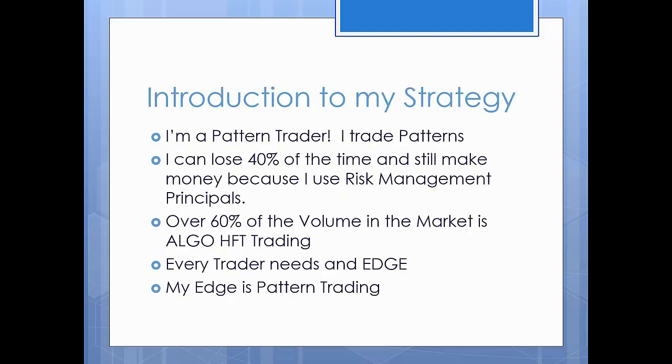So my strategy is pattern-based trading. Okay, I trade patterns. I've designed my entire strategy around patterns that I recognize as being very, very successful. Okay, and using pattern-based trading, I can lose 40% of the time and still make money. And it's not just because I'm trading patterns, it's because I'm managing my risk really well.